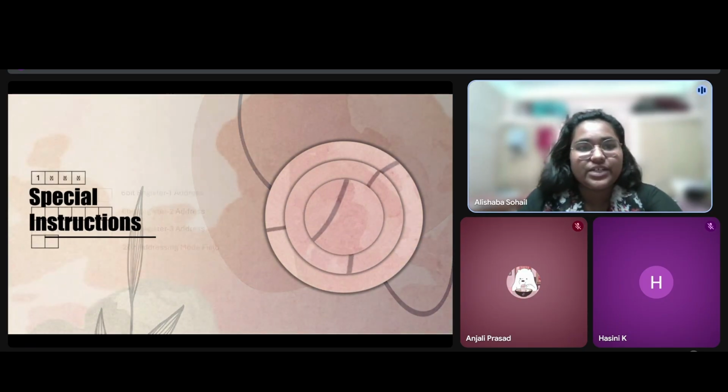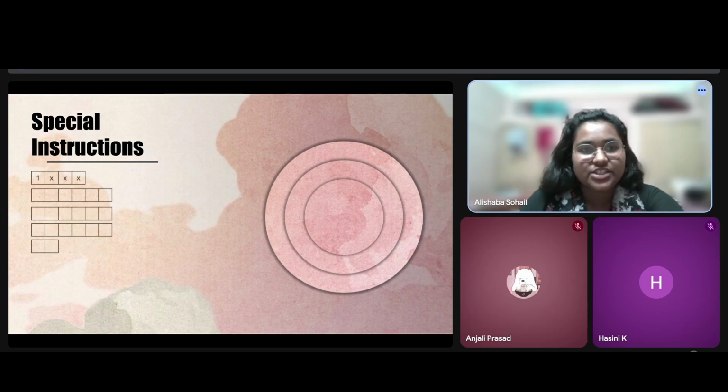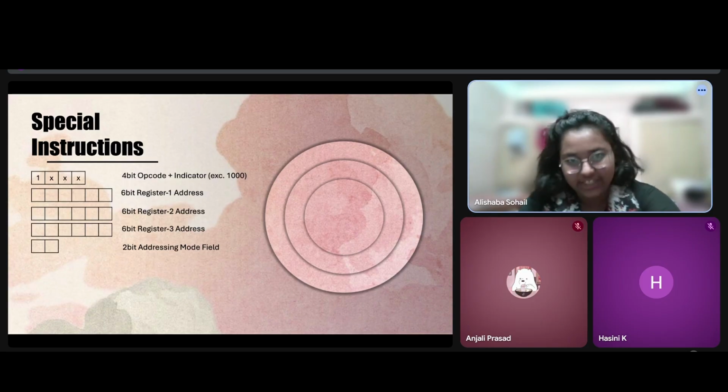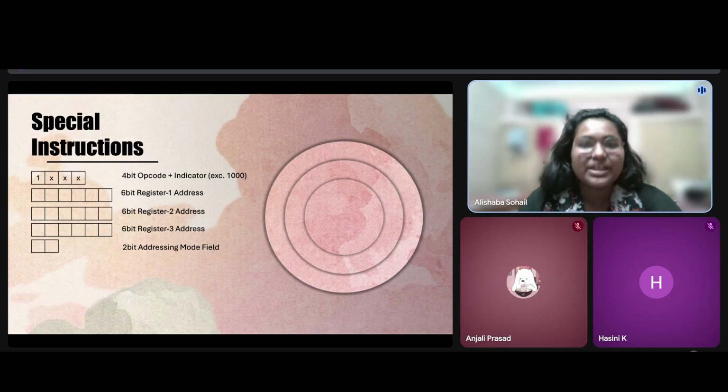Moving on, we get to special instructions. Special instructions have the format 1 and then 3 X's, because we have a 4-bit opcode which includes the indicator. Now we have a 6-bit register 1 address, a 6-bit register 2 address, a 6-bit register 3 address, and a 2-bit addressing mode. Adding all of this, we get 20 bits. Now we have 4 bits remaining. This 4-bit field needs to contain both the opcode as well as the indicator. So we're going to start with 1, but we're going to exclude 000 in the X's, because we are not allowed to use 1 and 000, since we've already used it as an indicator for the extended instructions.